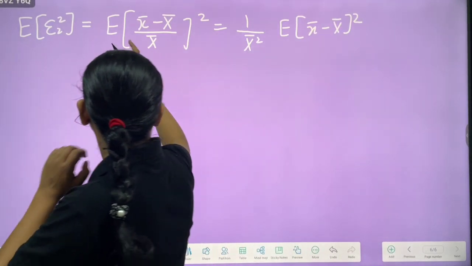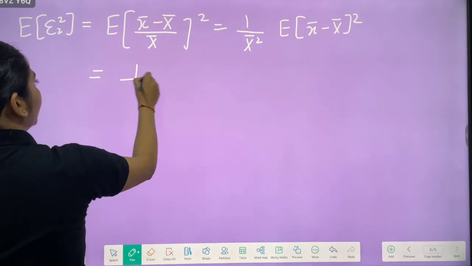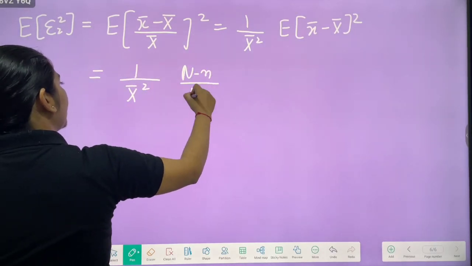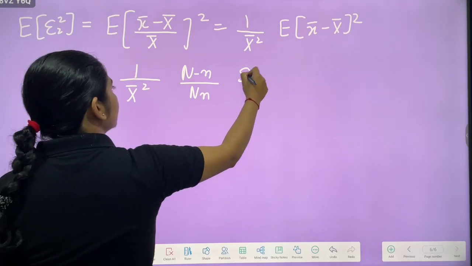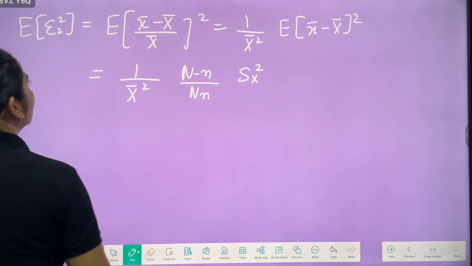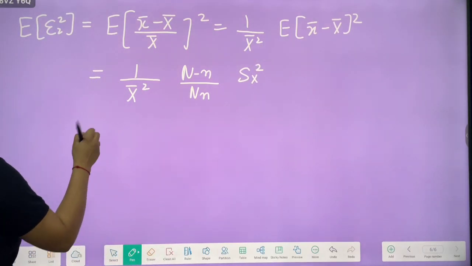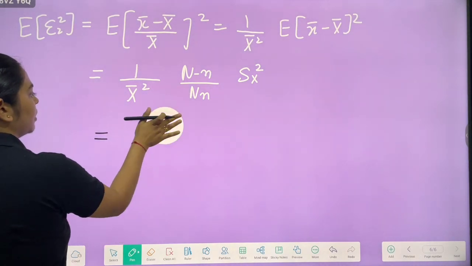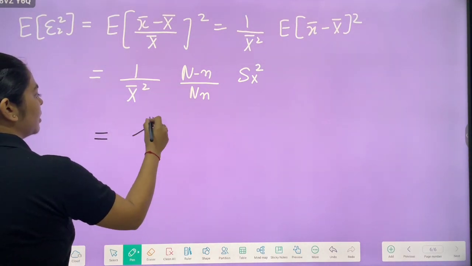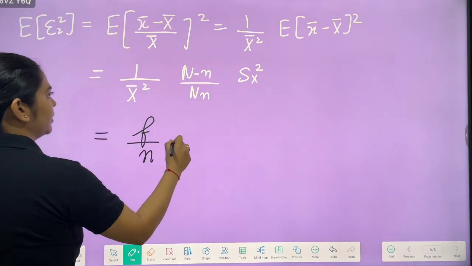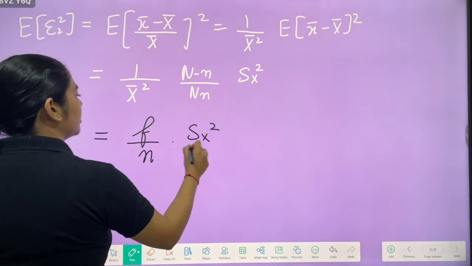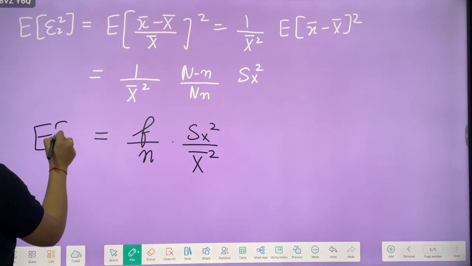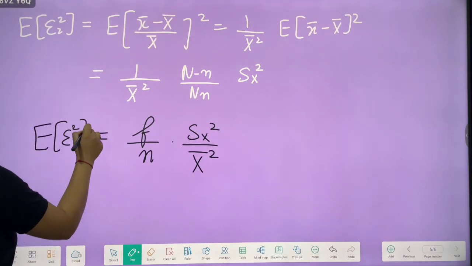So this will become 1 upon capital X bar whole square, N minus n upon N n into Sx square. And we again substitute the value of f, so we will get f upon n into Sx square upon capital X bar whole square. This is the estimation of epsilon 2 whole square.